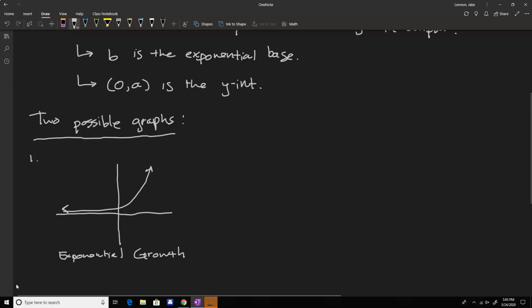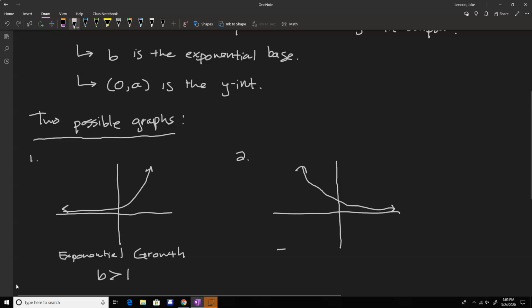This happens when the exponential base b is bigger than 1. If you multiply something in output by a value bigger than 1, it's going to get larger over time. When is it going to decay? Decay looks like the mirror image about the y-axis. Again, this is the rough shape in general. These things could be stretched or shrunk a little bit.